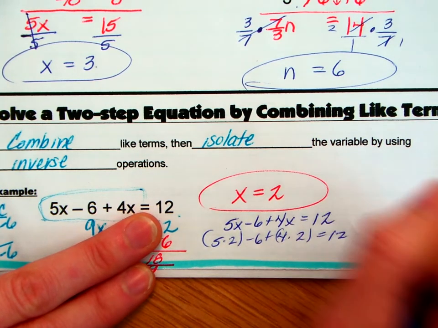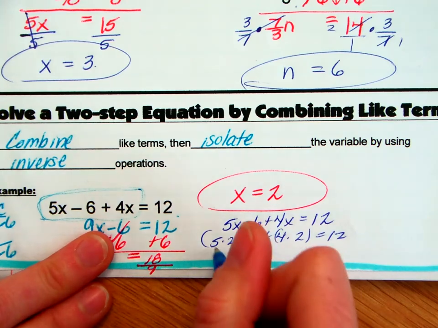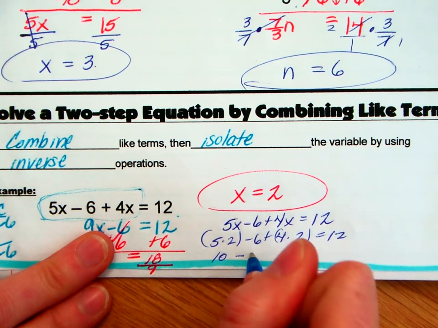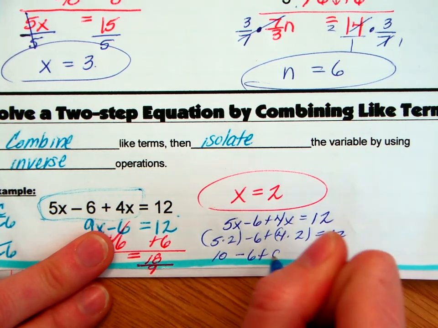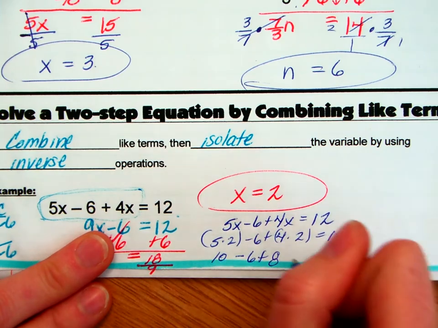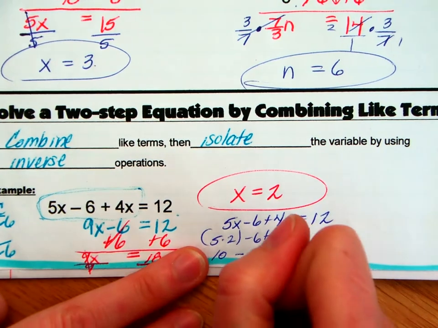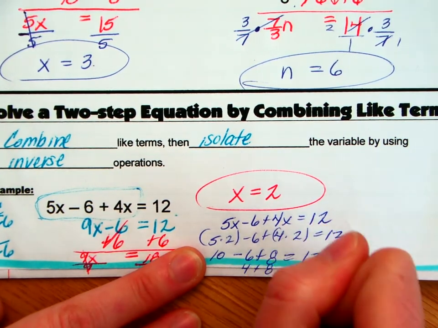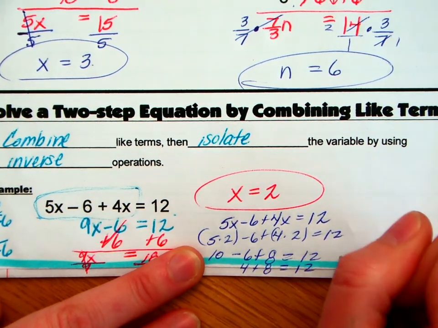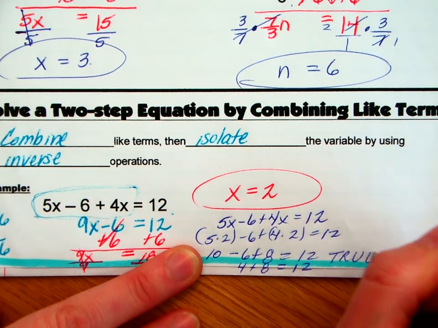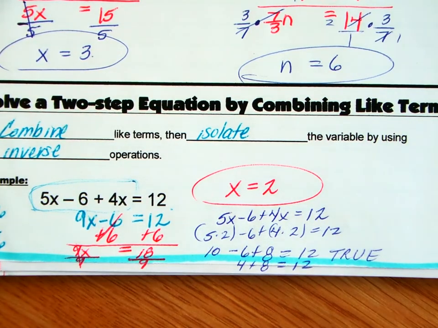I'm going to use order of operations here to simplify this. I've got 5 times 2, which is 10, take away 6, plus 4 times 2, which is 8, so I kind of did both parentheses simultaneously. 10 minus 6 is 4. 4 plus 8 is 12. True. Which means x really does equal 2 in this equation.